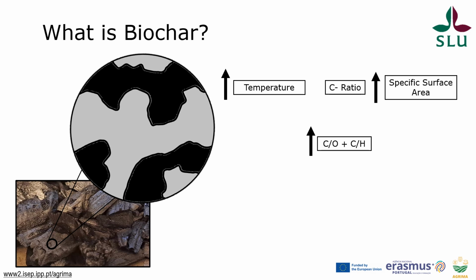If we have a very high carbon content, it's mainly aromatic surface, but if we have a higher oxygen and hydrogen content, it's way more polar. So what the surface looks like is very important, especially if we want to do some type of removal with the biochar.